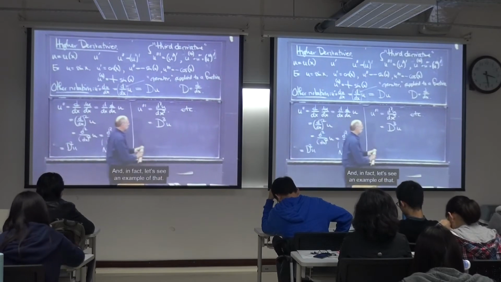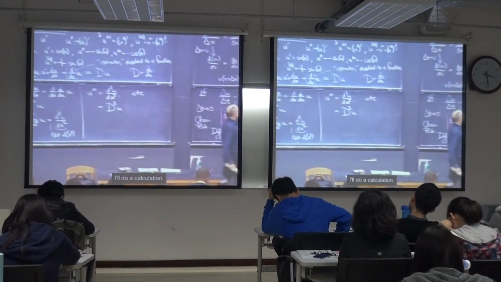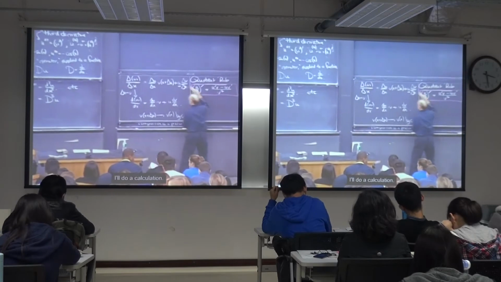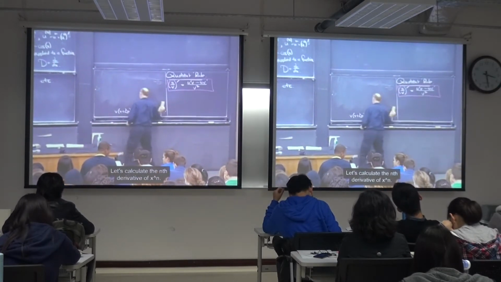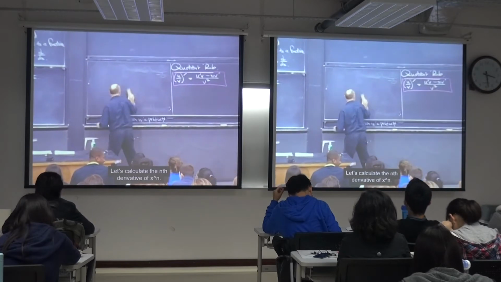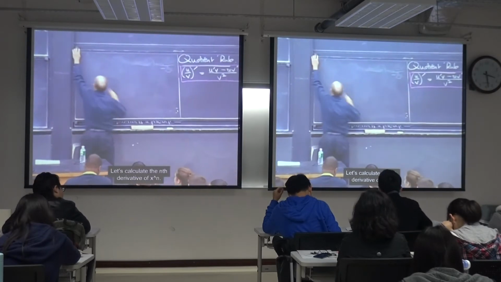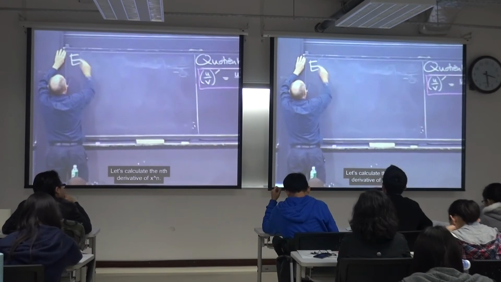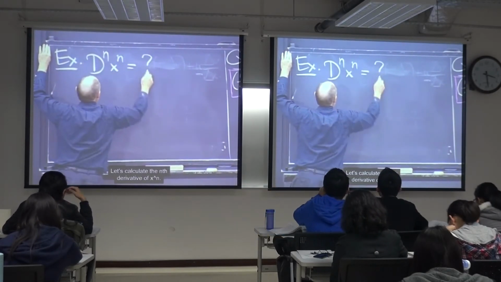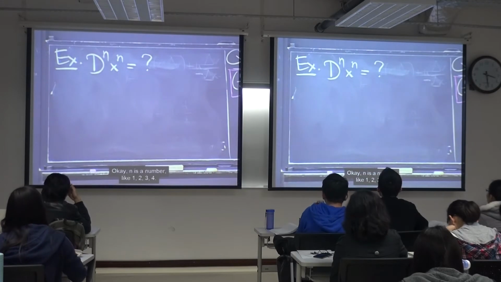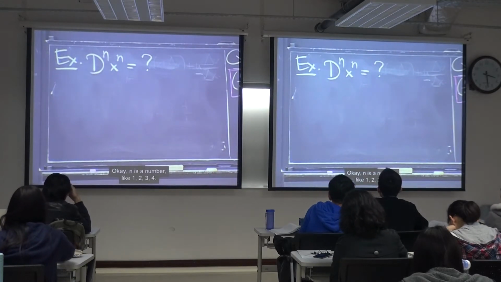And in fact, let's see an example of that. I'll do a calculation. Let's calculate the nth derivative of x to the n. Okay, n is a number like 1, 2, 3, 4.